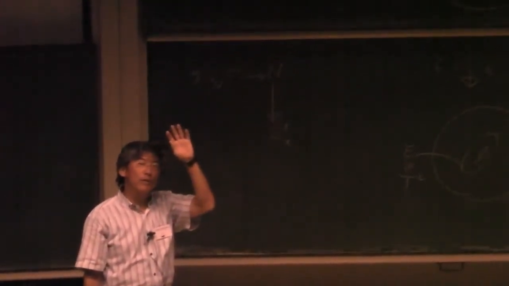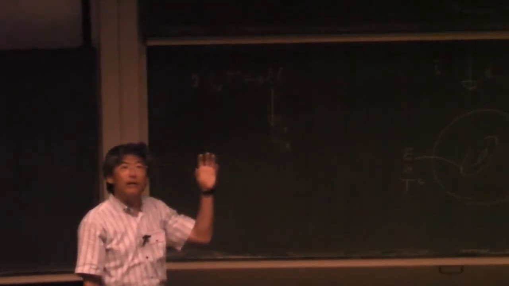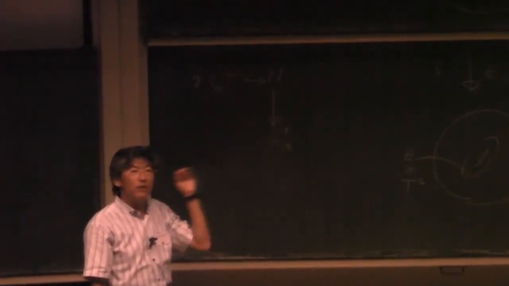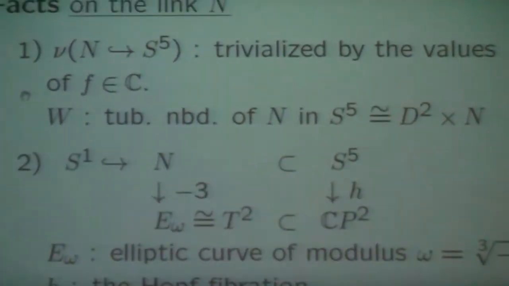But as you can see by the original function small f, the tubular neighborhood is trivialized by the value of the function f. On S5, only on N, f takes value 0. In the normal direction, the small f really trivializes the tubular neighborhood. Therefore, the tubular neighborhood W is diffeomorphic to D2 cross N.